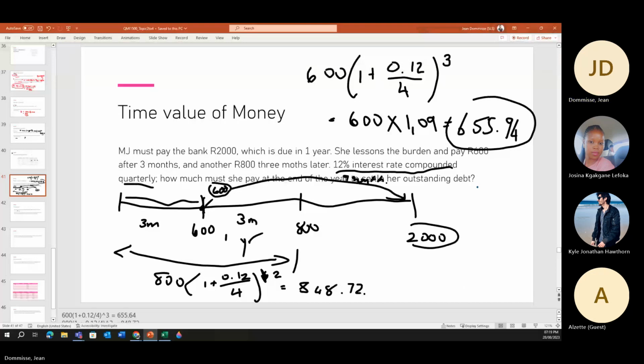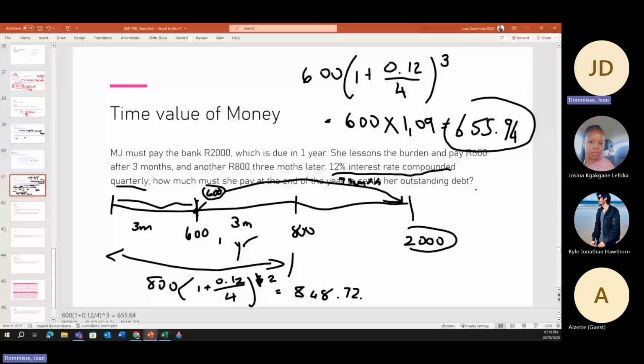Because she didn't need to pay that extra 9 months of interest. So she paid 600 there, and by paying 600 there, she didn't need to pay the extra 55 Rand 94 because she's paying off earlier.